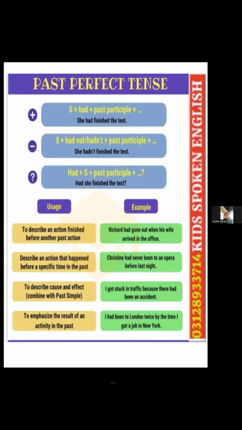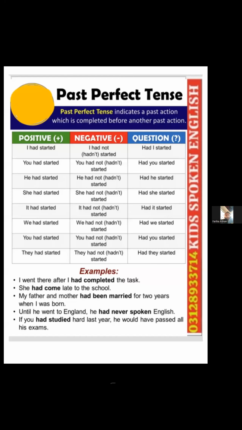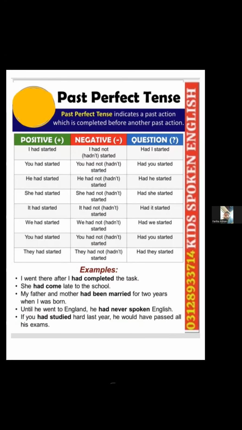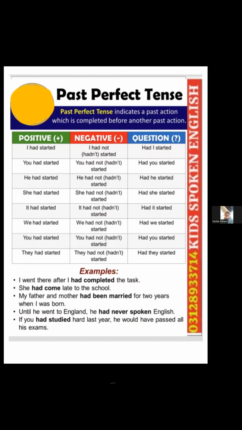Okay, so now I'm going to change the slide. Dear students, tell me, is my screen visible to all of you? Yes, ma'am. Visible. Okay.